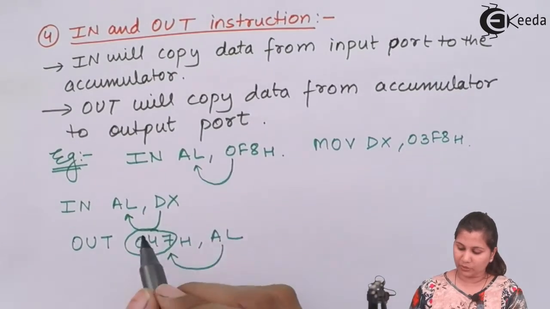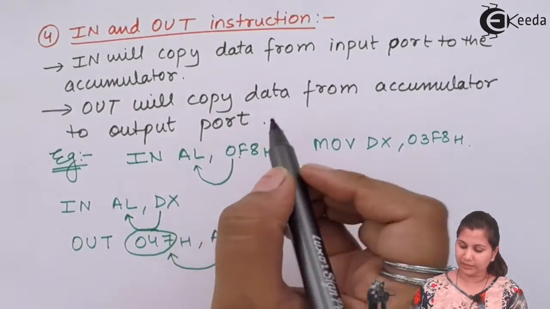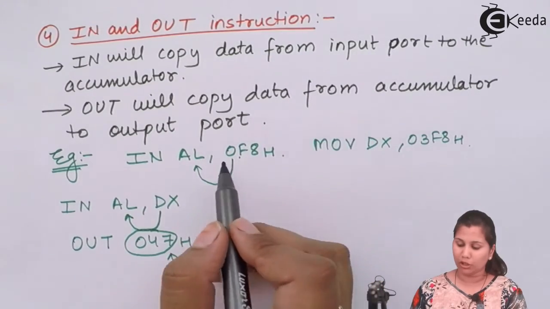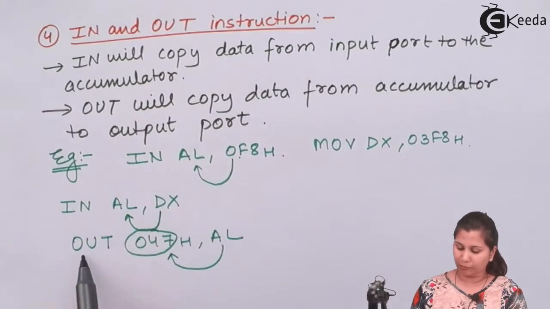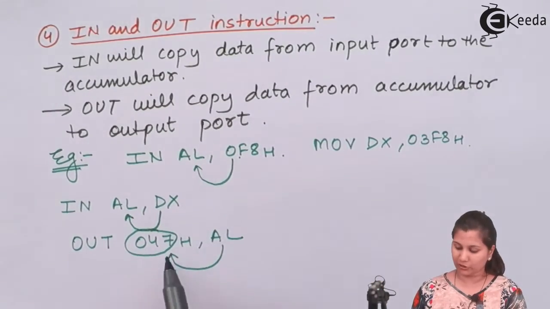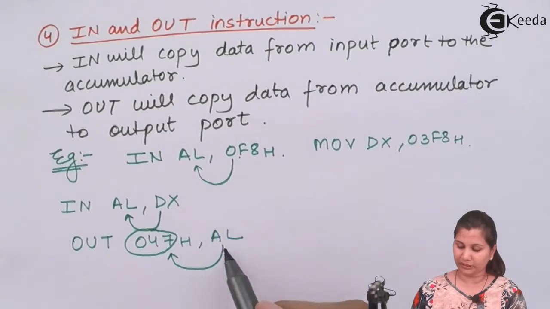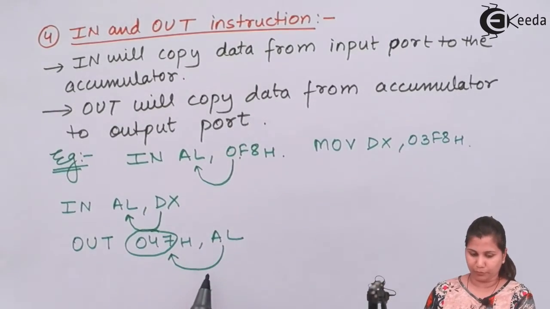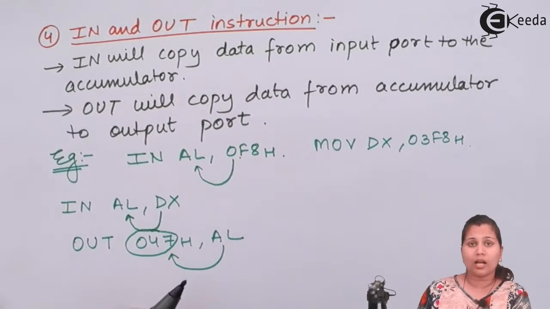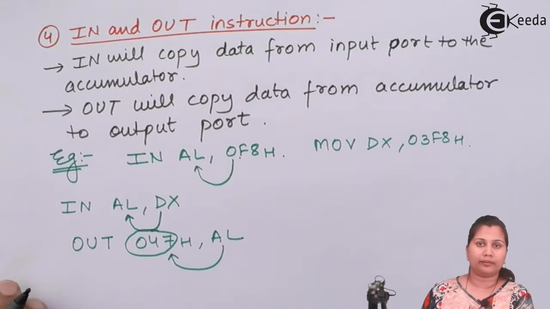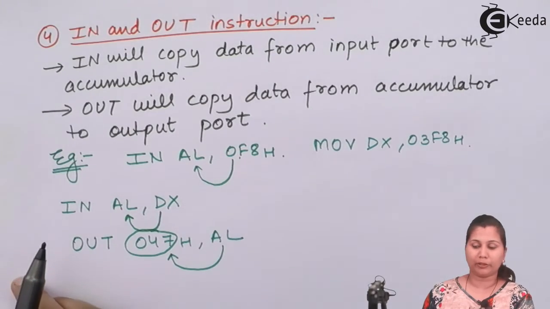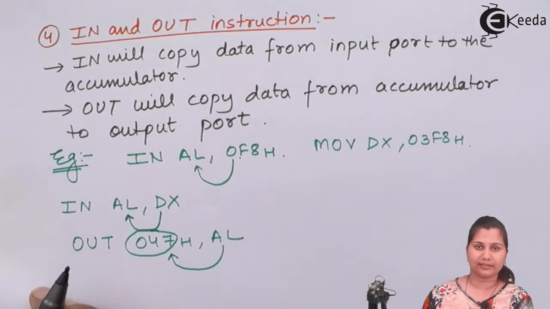So in this way you can see that the data is copied from the input port to the accumulator, and the OUT instruction is copying the data from the accumulator to the output port. Here also the flags are not affected, because just the transfer of data is taking place.